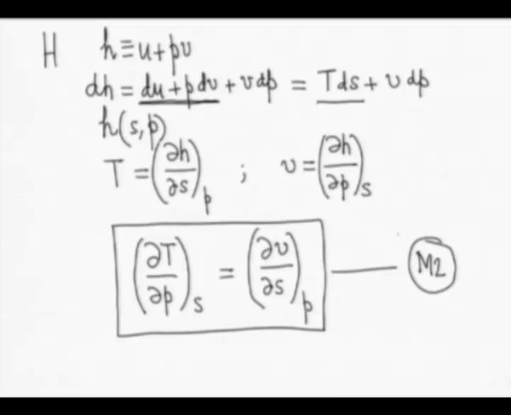Okay. Notice that absolutely funny relation between derivative of temperature with respect to pressure at constant entropy and derivative of volume with respect to entropy at constant pressure. Something like this, which we were always saying, that thermodynamics puts restrictions on properties or relates properties to each other in some way, but it will never dictate what a value of a particular property will be.